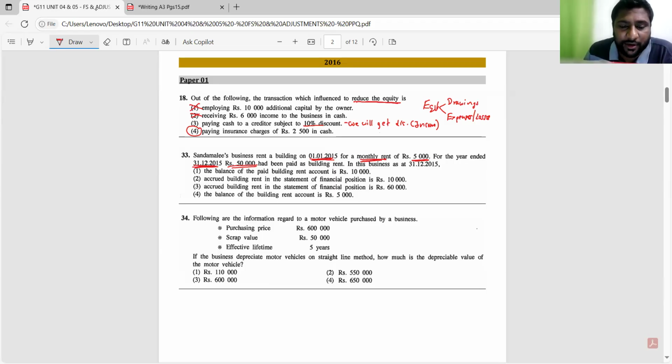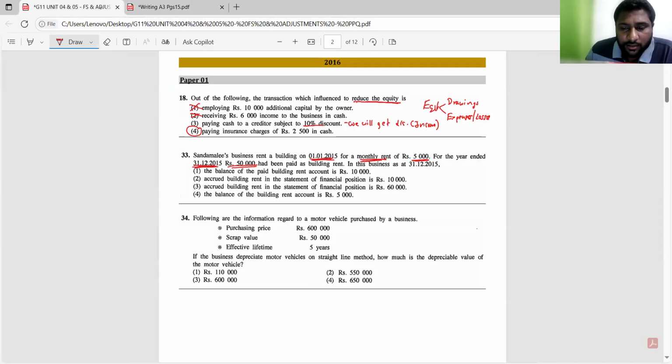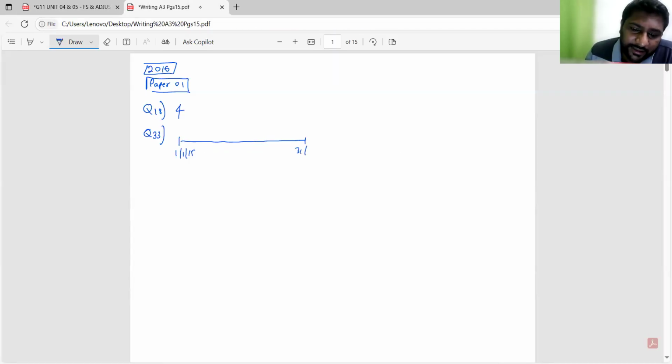Then understand, you took the building on 1st January 15, and the end is 31st December 15. That means you have used it for 12 months.